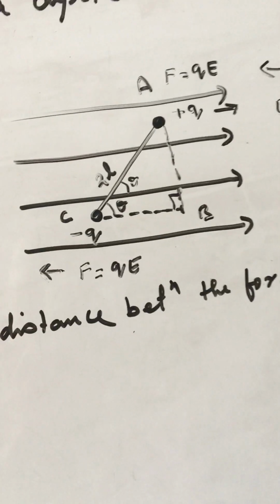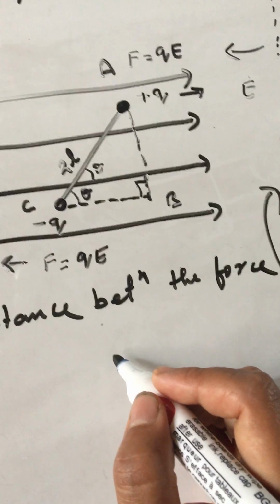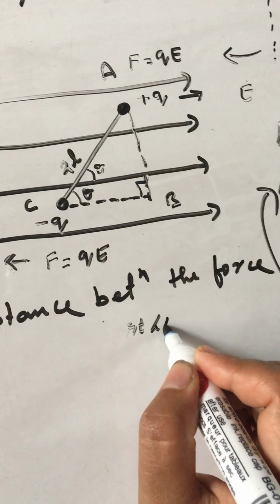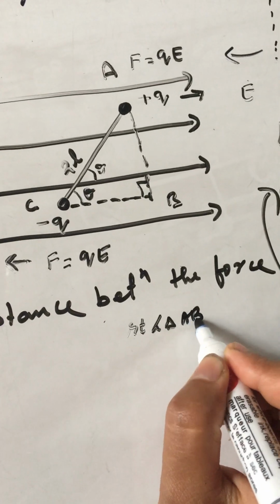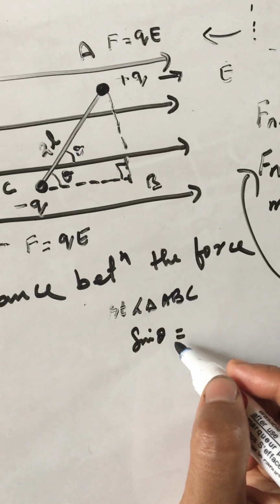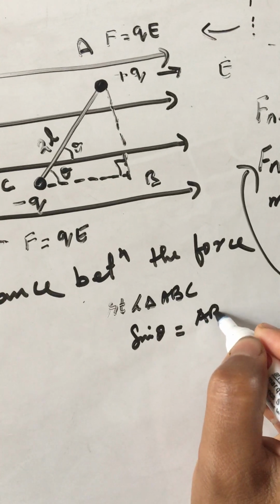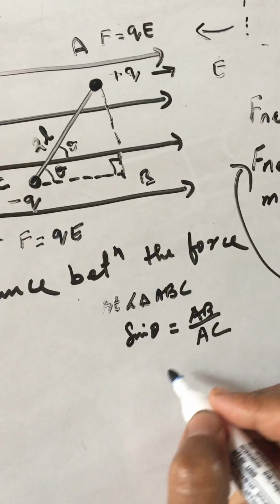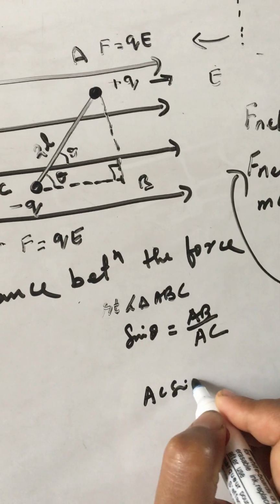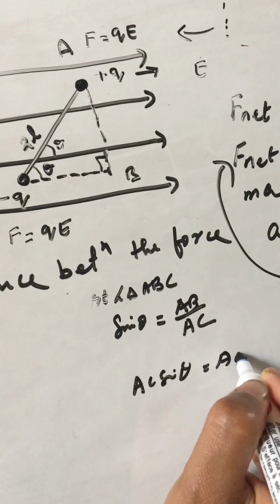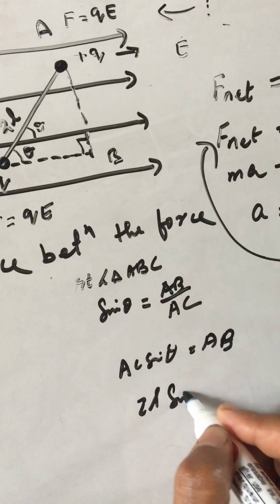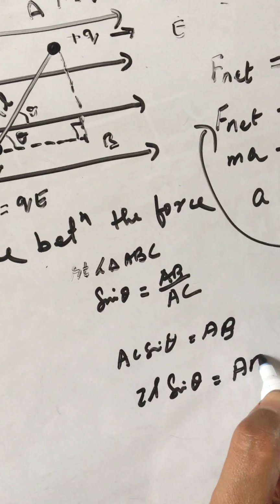Now if I take this right angle triangle ABC, then sine of theta is equal to opposite by hypotenuse. The hypotenuse AC is 2L, so AC sine theta equals AB. So 2L sine theta is equal to AB.